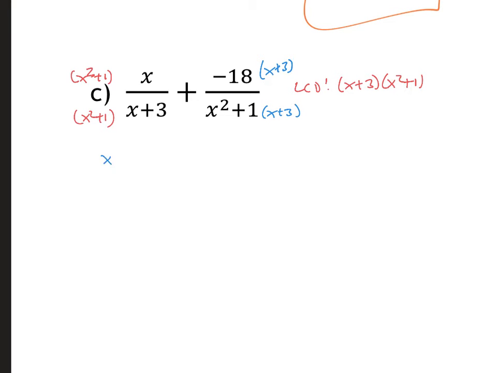So that gives me an x cubed plus x plus, and that's going to give me a negative 18x. Negative 18 plus times 3, because I'm going to distribute this, is a negative 54.